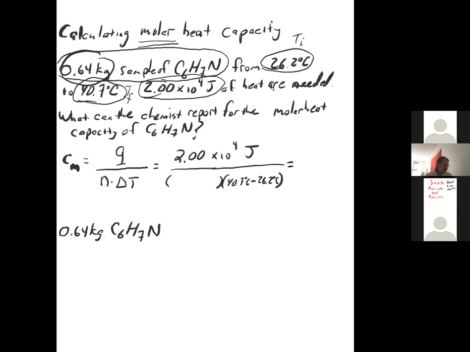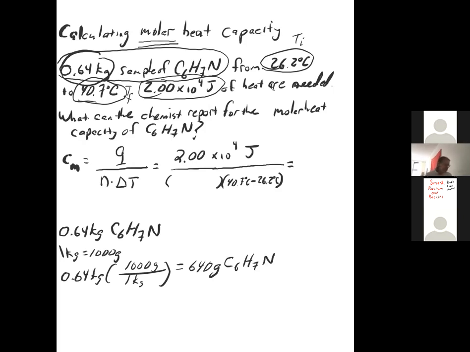So let's do the conversion. 1 kilogram is 1,000 grams, so 0.64 kilograms gives you 640. Now we have the number of grams.